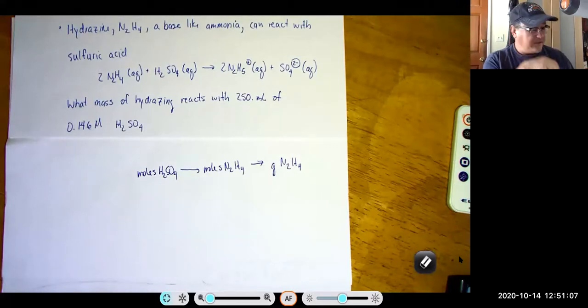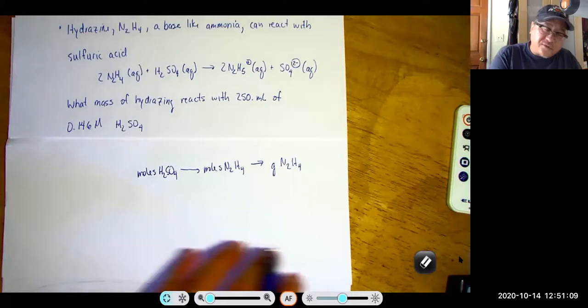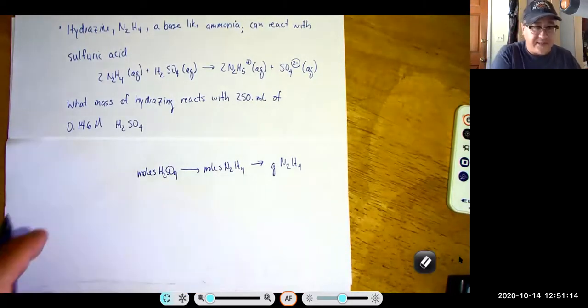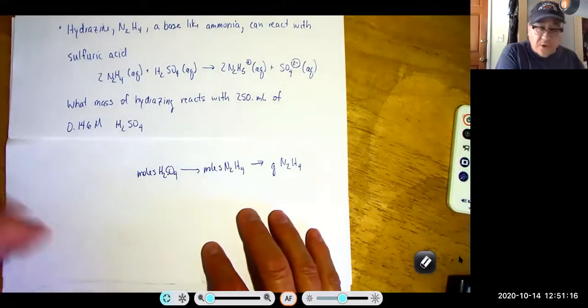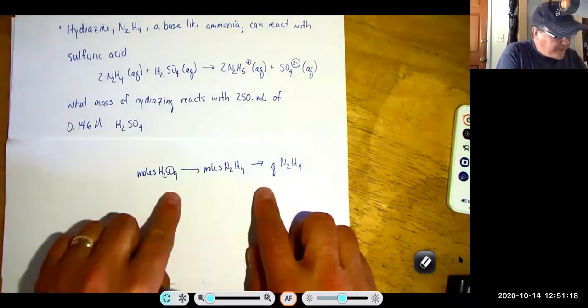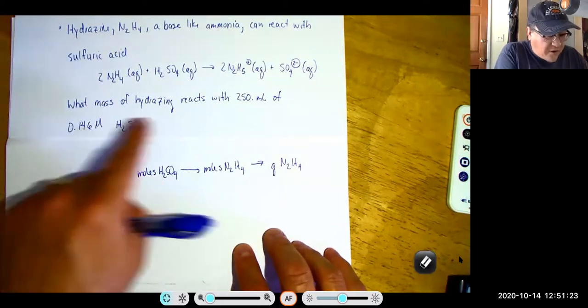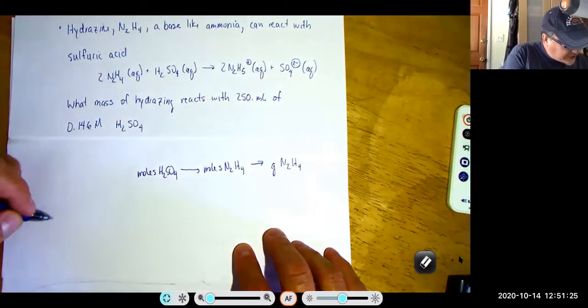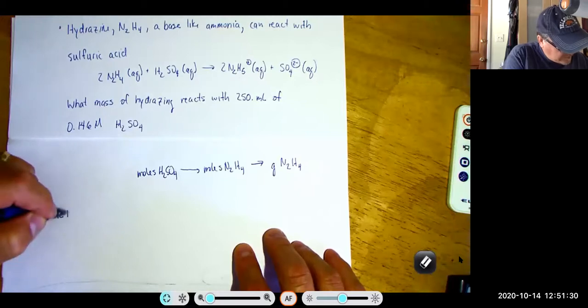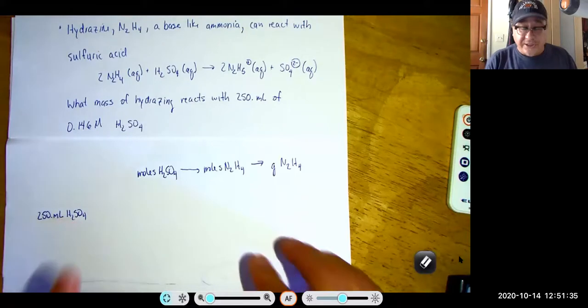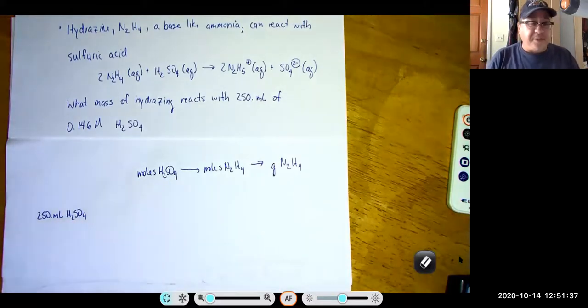Okay. I kind of like working these from the back end rather than from the front end, but you can work them from the front end. So if we were to work this from the front end, can you see here I have a concentration and I have a volume? So chances are I'm going to start with the volume. I could write 250 mL of H2SO4 solution, but to save space, I'm going to leave the word solution off.